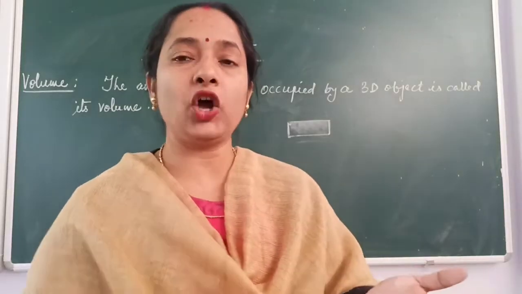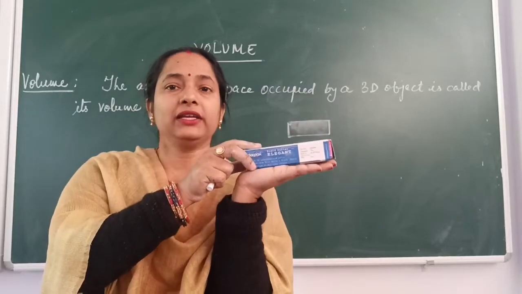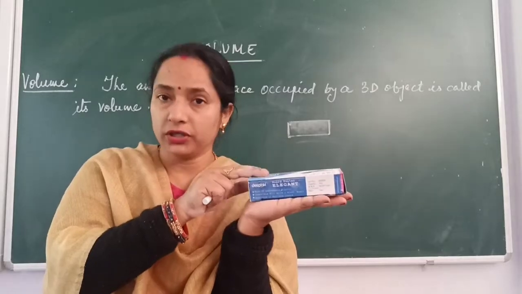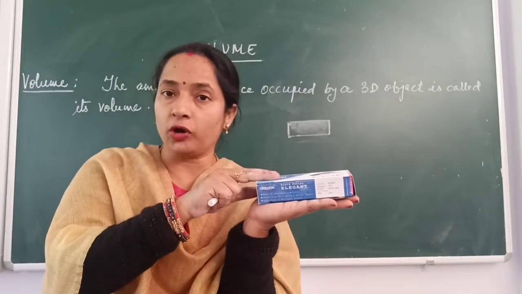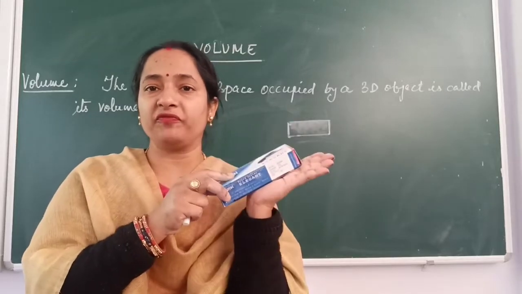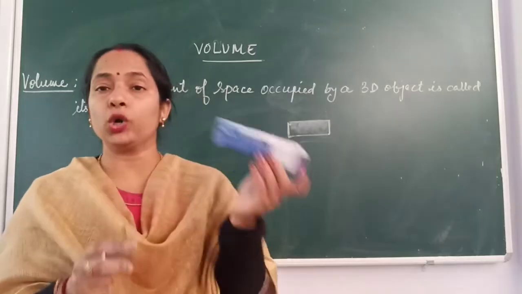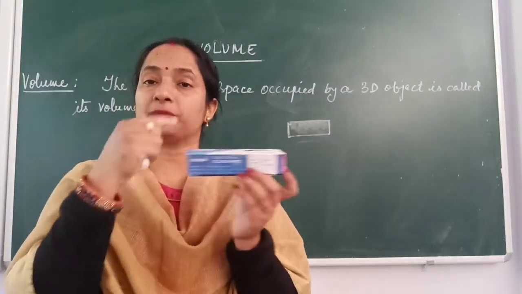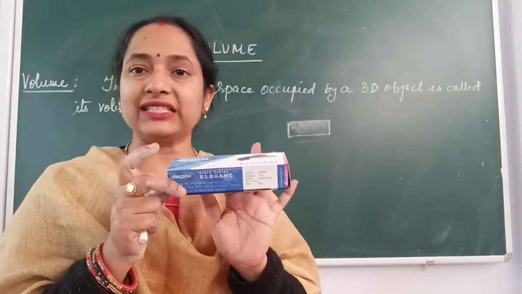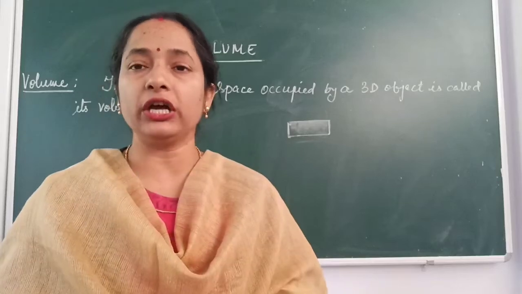So, whenever any object is kept, the flat portion is occupying some space on the flat surface, whereas the whole body is also occupying some space around us. How much space it is occupying will be called the volume of this particular object.